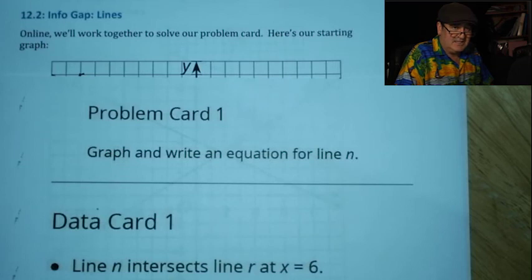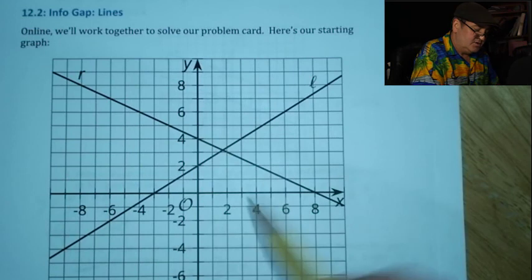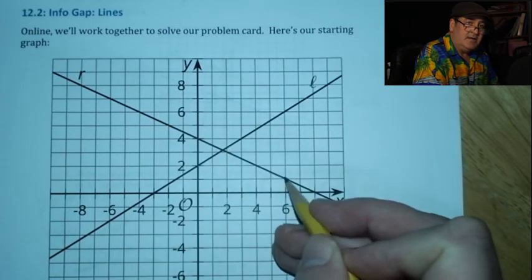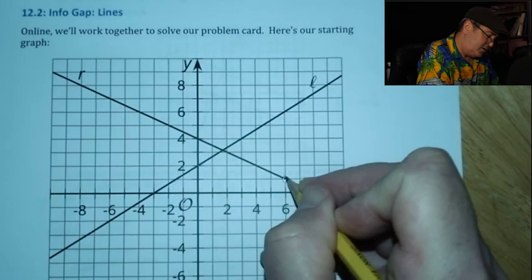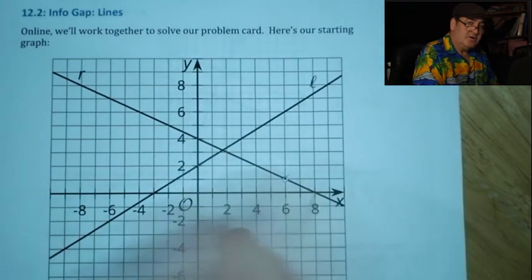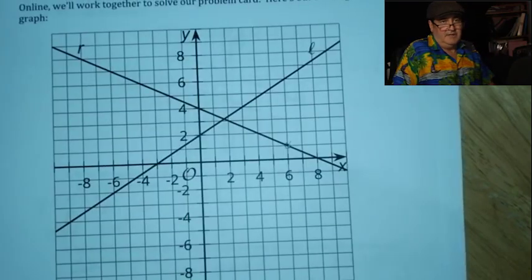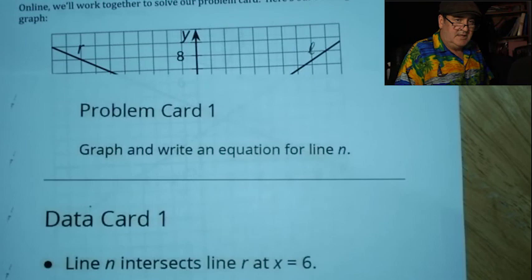Okay, so intersects line R. Well, let's see where that is. Here's line R. So where x equals 6 is right here. So this point will be on our line. All right, we see that? This point will be on our line right there. So we've got that point. So that's where it intersects line R.